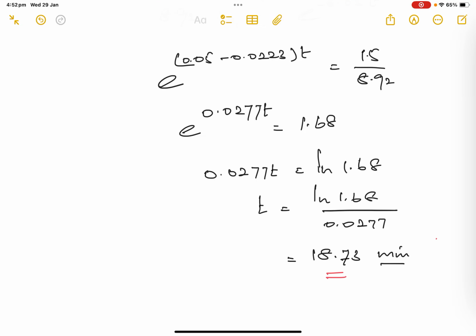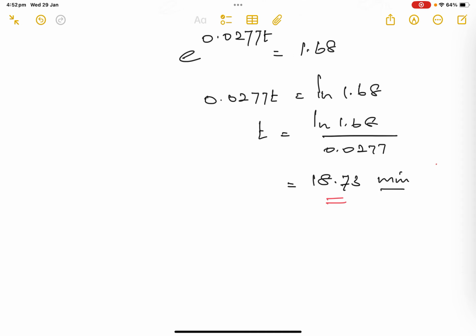On the left-hand side, if you take 0.0223 away from 0.05, that gives us e to the power of 0.0277t, equal to 1.6, because 15 over 8.92 is 1.6. Use a bit of calculator, and the value is 18.73. So the time is 18.73. After 18.73 minutes, both rates of change are equal.